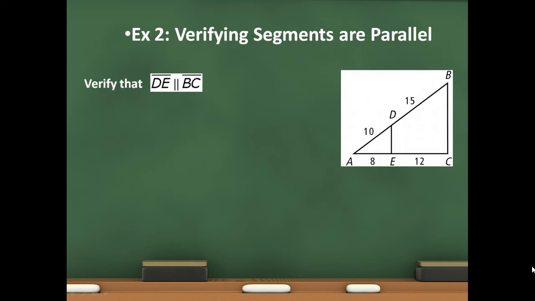If we want to verify that segments are parallel, we need to prove that the sides are proportional. So we want to verify that DE is parallel to BC. AD over DB equals 10 over 15, which is 2/3.